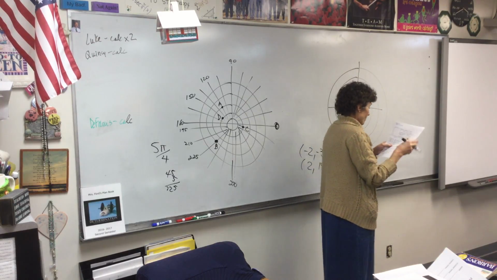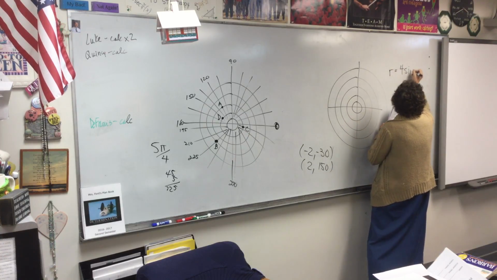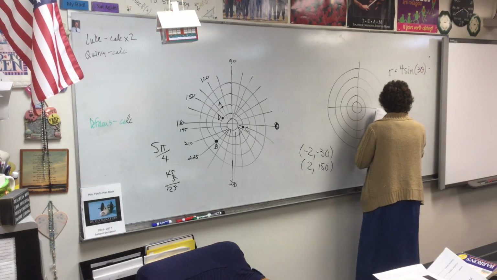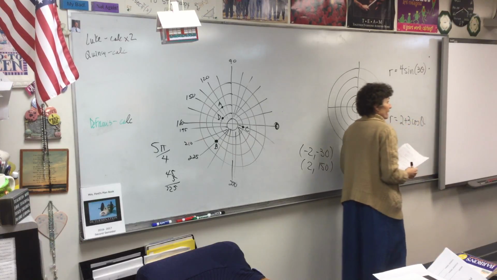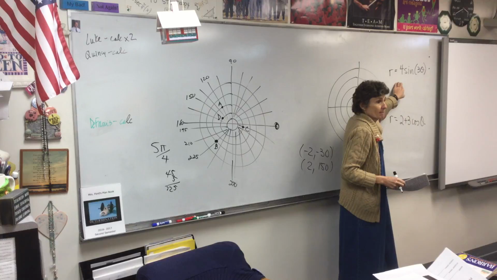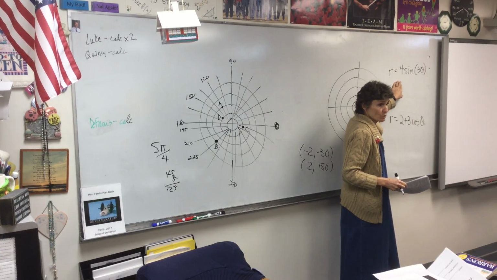Now, before we start, what shapes do we have here? You should know before you begin what you're going to be graphing. What shape is this? That's a rose. Now what do you know about this rose?